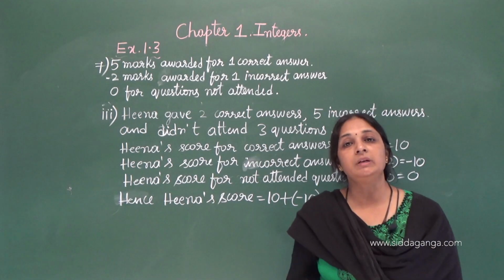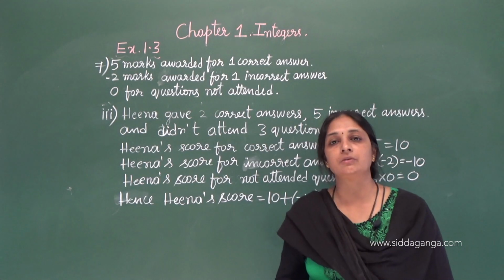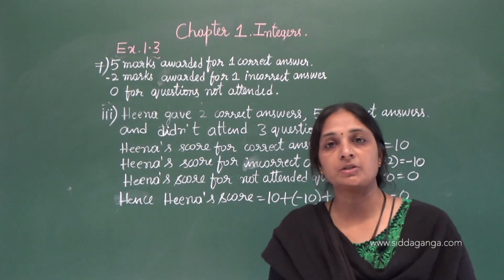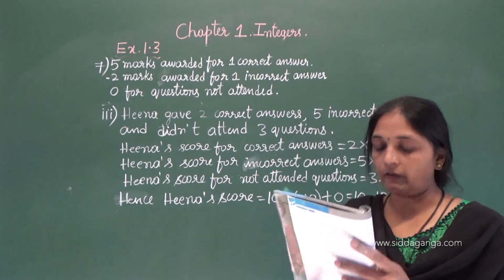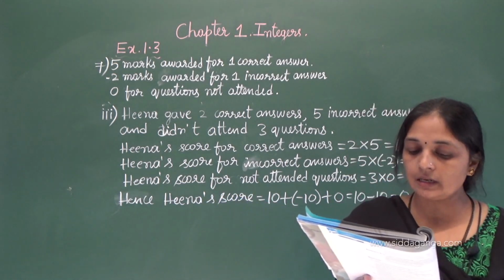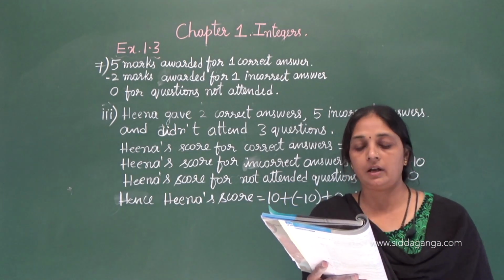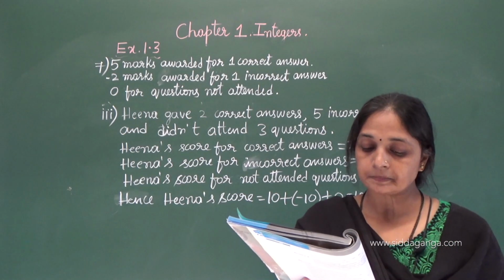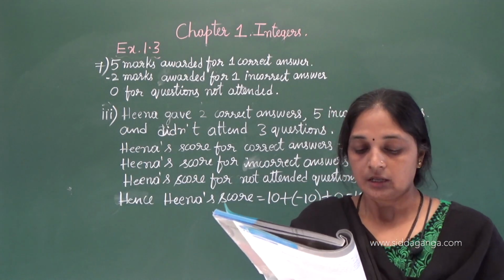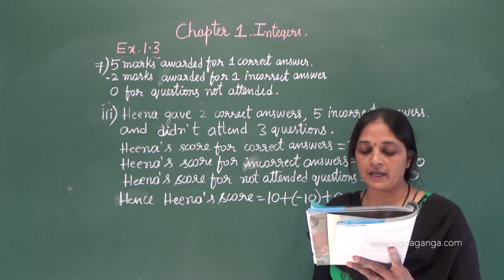So here there is a cement company, and they have two different types of cement bags. They are selling two different types of cements. One is the white cement and the second one is grey cement. When they sell white cement, they get profit, and when they sell grey cement, they get loss. Okay, then the first question is, the company sells 3,000 bags of white cement.